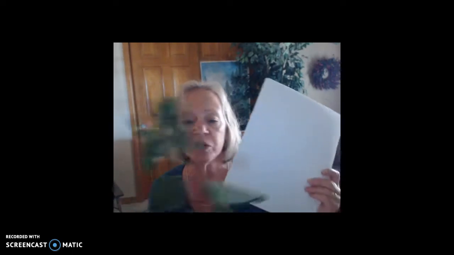The next thing to know is deciduous. This is an oak tree, and deciduous means it loses its leaves over time, and you can see that this has alternate branching, and this maple and this dogwood has opposite branching.